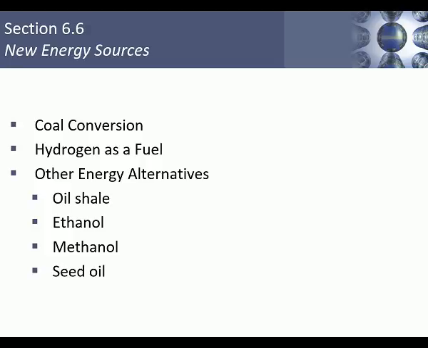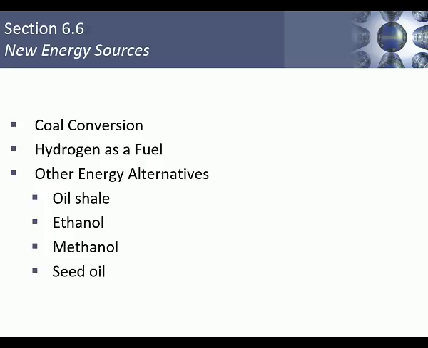We can treat coal with steam, and I believe it was oxygen. Okay, we can treat it with oxygen and steam, and we can actually change coal into methane, CO2, and CO, carbon monoxide.